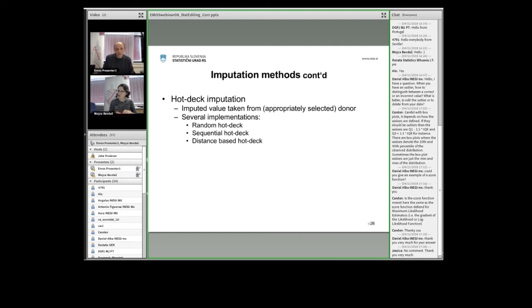Very similar to this one, but perhaps more sophisticated, is that you calculate the distance between units on the basis of one matching variable, and then you choose the donor which is the closest one, which has the lowest distance to the unit that you are imputing.